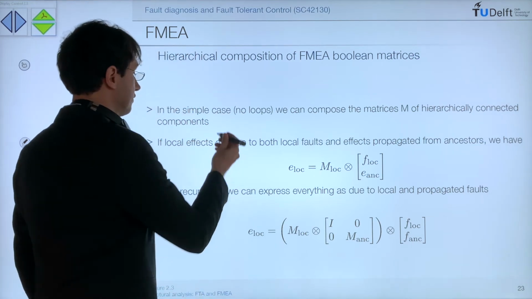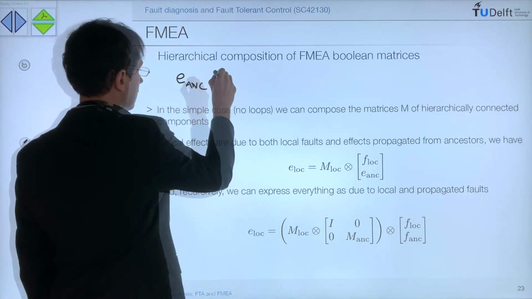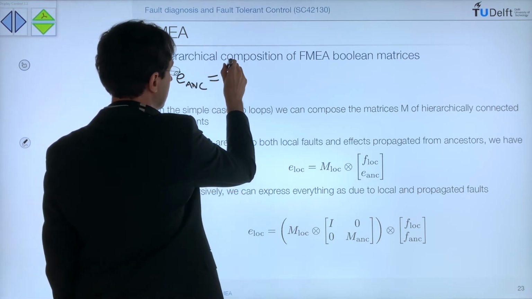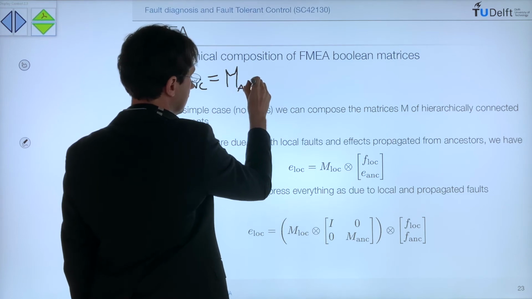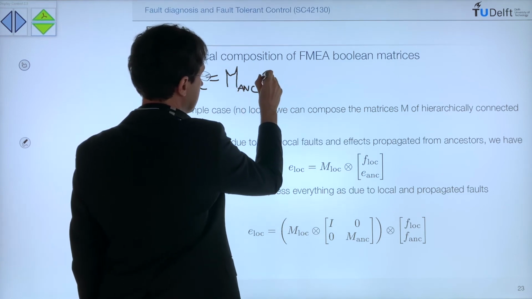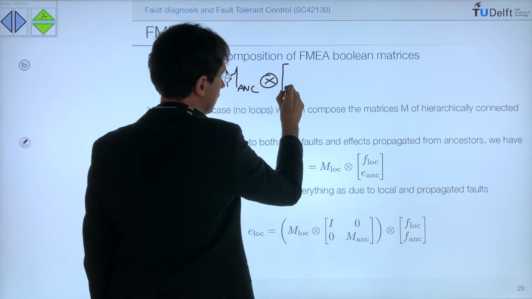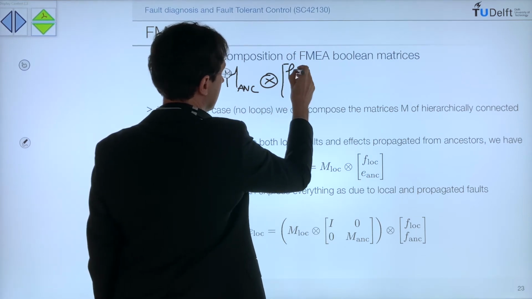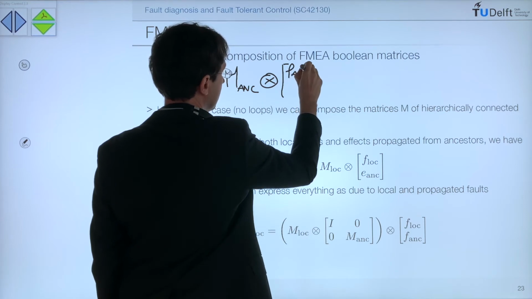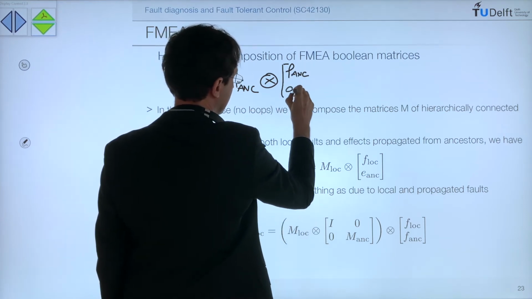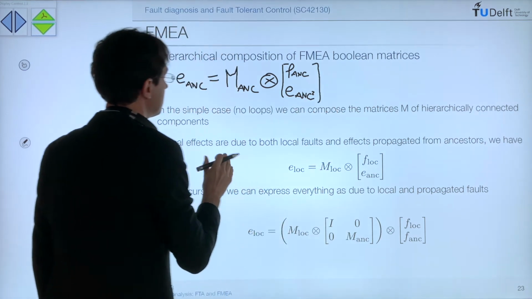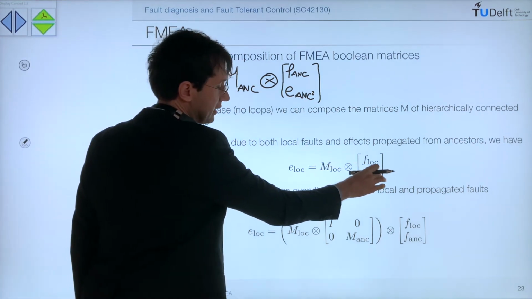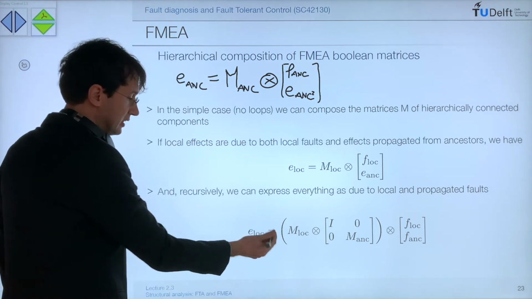So the effects of the ancestors are computed similarly with a matrix of the ancestor that multiplies faults at the ancestor level and effects from the ancestors of the ancestor. So let's write ancestor squared. So we take this and we replace it here, and what we get is this expression.